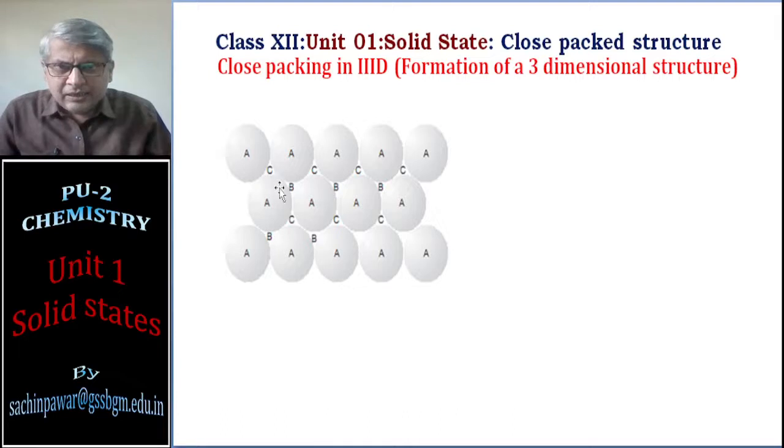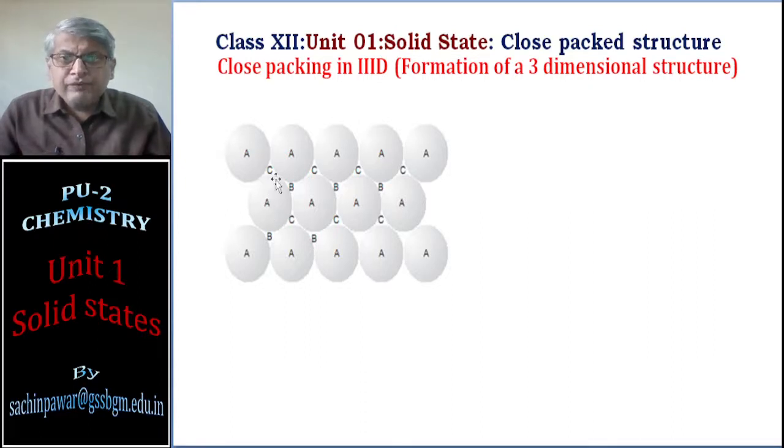One void is between 3 particles forming a triangle, with 2 at the base and 1 at the top. This is one kind of void, I will call it B. One more possibility is that 3 particles form a triangle where 2 particles are above and 1 particle is below.